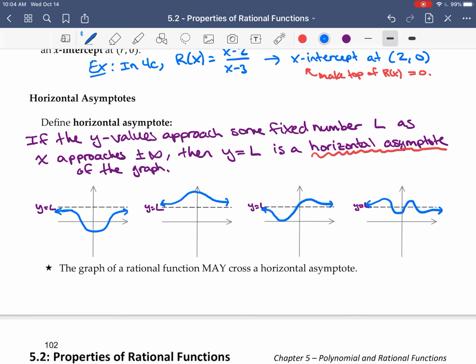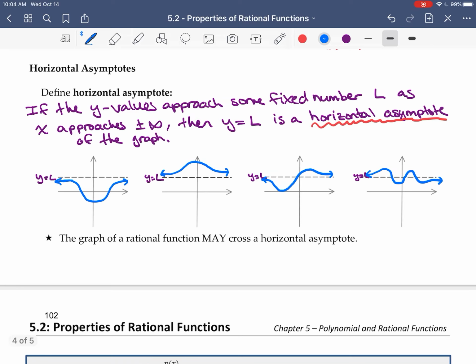So in contrast to vertical asymptotes, you may cross a horizontal asymptote. That is possible, because you're only talking about what happens as x is large, it doesn't tell you anything about what happens when x is small. So you want to try and remember that and not let it freak you out. It is possible.